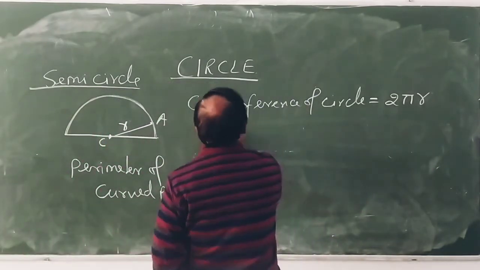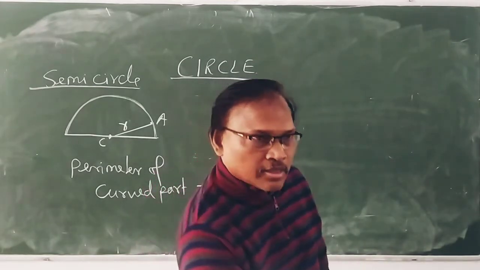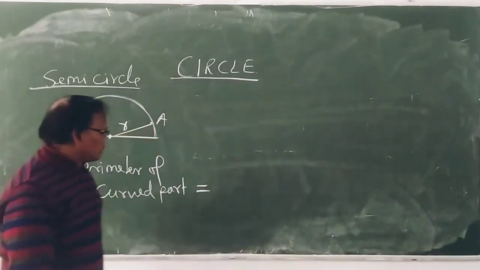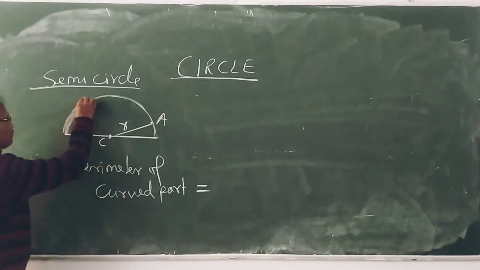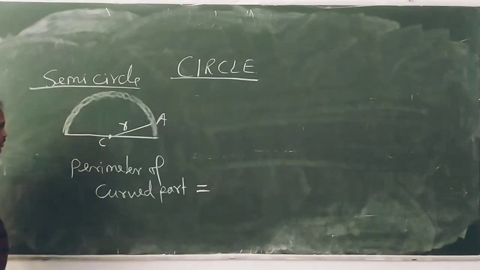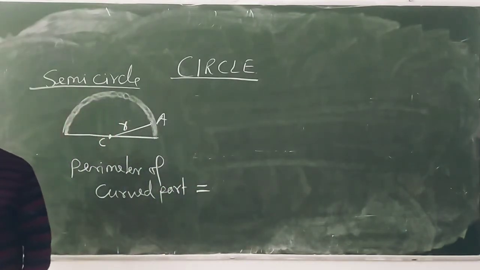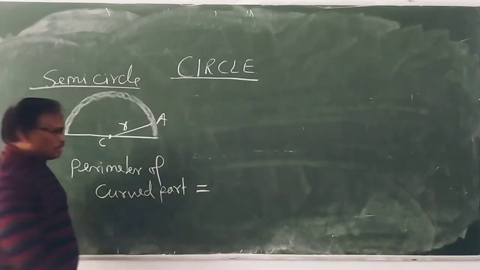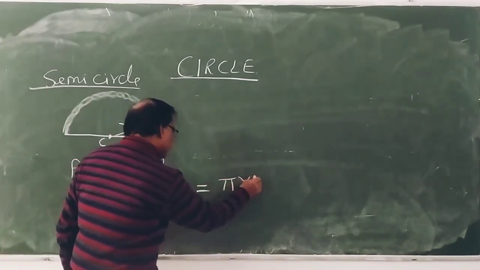In circle only the 2 pi r is the perimeter. Perimeter and circumference are both the same. So in this, the perimeter of the curved part, meaning only this part, is half of the perimeter of the circle, means pi r. This is the perimeter.